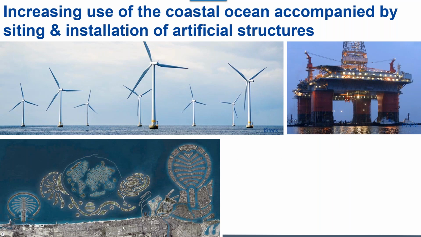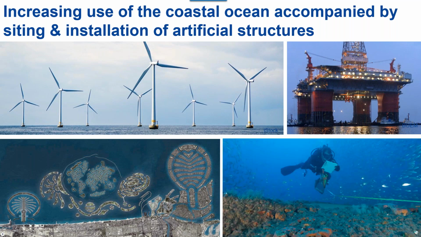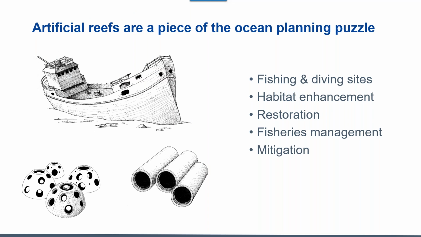This is one of my favorite examples, an aerial image from Dubai that shows these geometric shapes that are artificially constructed islands. And what we'll be focusing on today, of course, are artificial reefs. To make sure that we're all speaking the same language, we'll define artificial reefs today as human-made structures that are intentionally sunk in the United States as part of state-managed artificial reef programs.